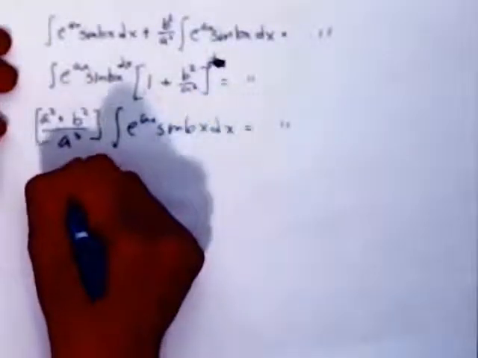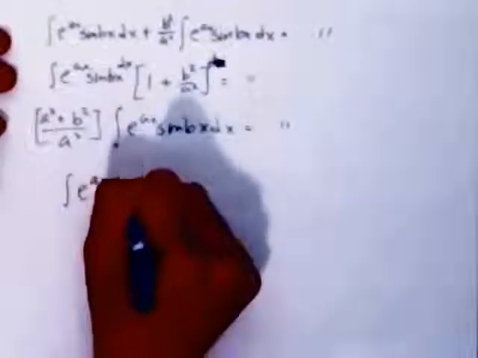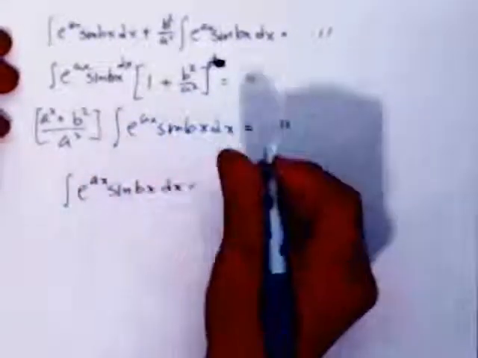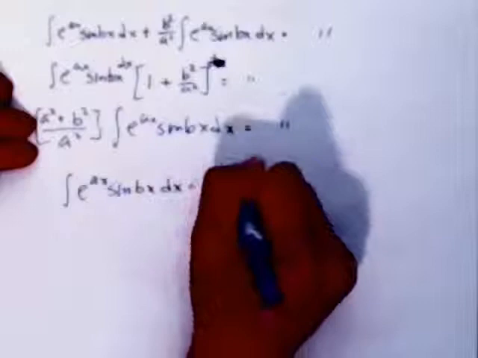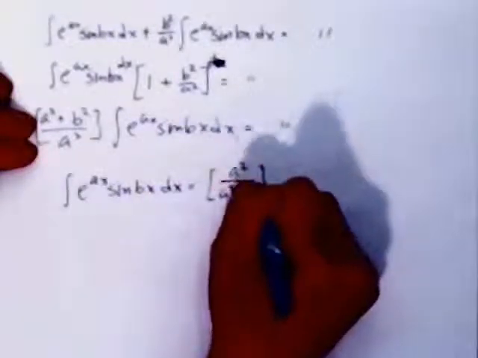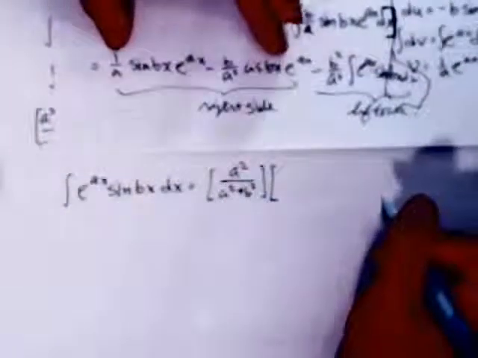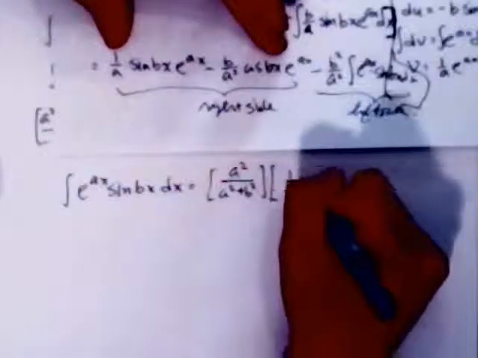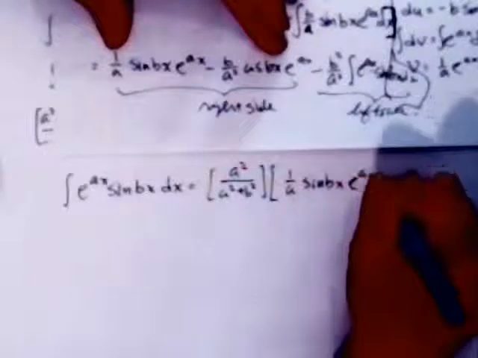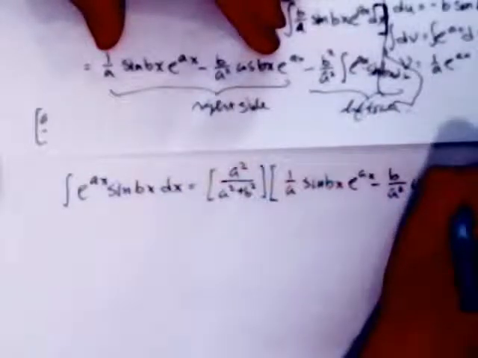So that becomes, on the left side, the integral of e to the ax sine of bx dx is equal to, multiplying by the reciprocal on the right side, I get a squared over a squared plus b squared times, now I'm going to rewrite this equation that was here previously, 1 over a sine of bx e to the ax minus b over a squared cosine of bx e to the ax.